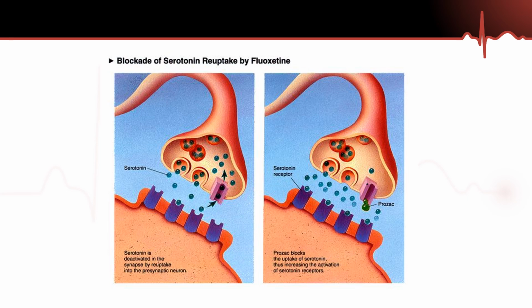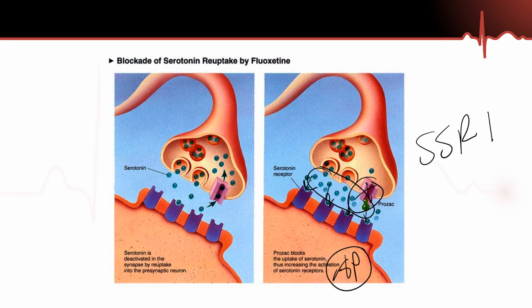You give someone an SSRI for depression. That blocks their serotonin reuptake pumps, leaves more serotonin in the interstitial fluid, and now more serotonin binds to more serotonin receptors. This neuron generates action potentials. The person feels better. They don't feel depressed anymore.